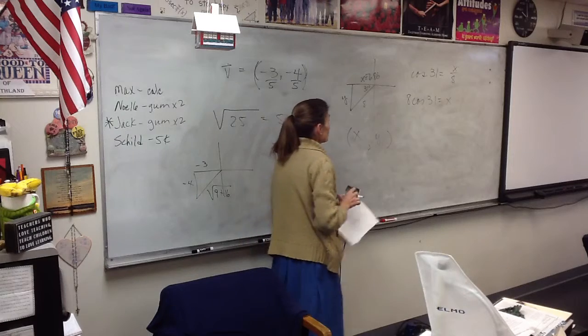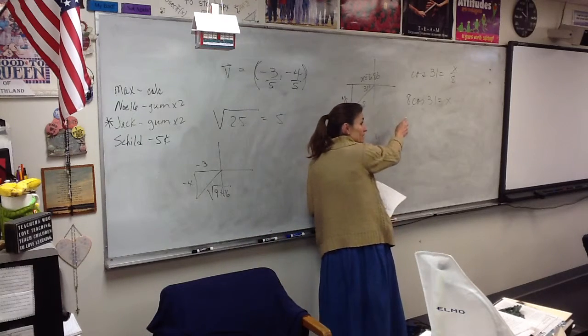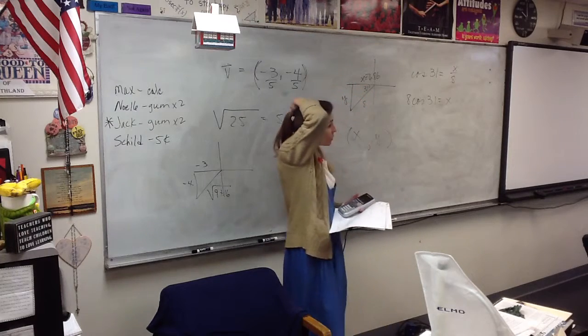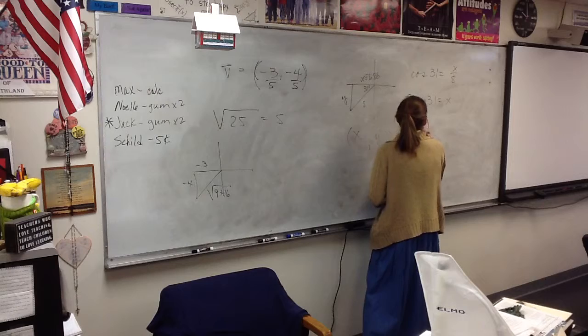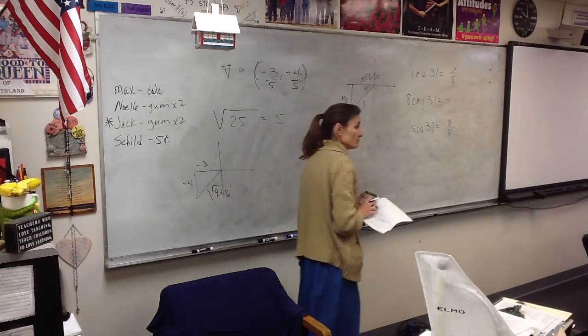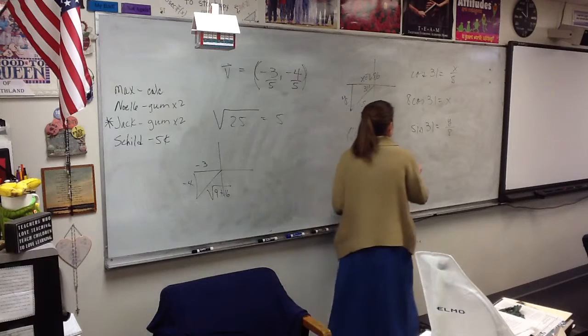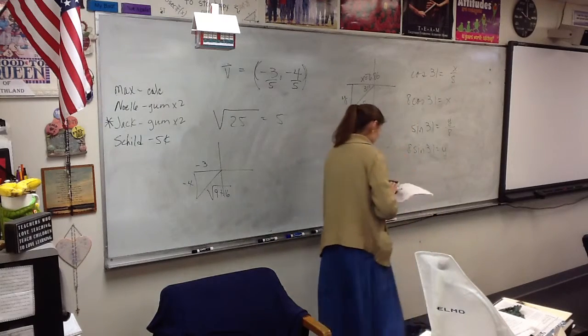Now, we need y. How are we going to find my y coordinate? I'm going to do exactly the same thing, except instead of cosine, I will use sine. So sine 31 equals y over 8. So 8 sine 31 equals y.